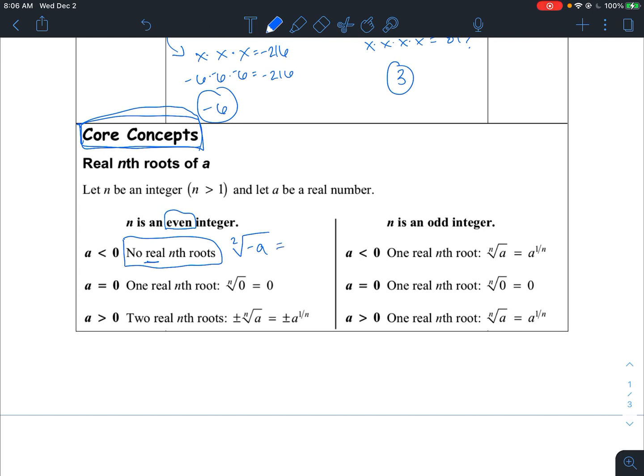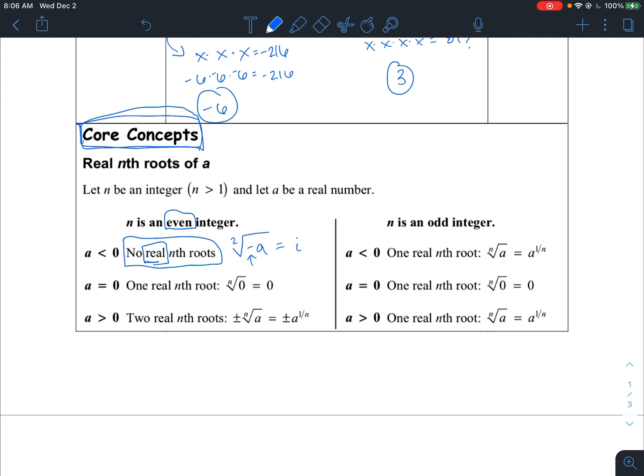This just means that you're going to have an imaginary number. If you have a negative under a square root or a fourth root and so on, you're going to get an imaginary number. You're not going to have any real answers.